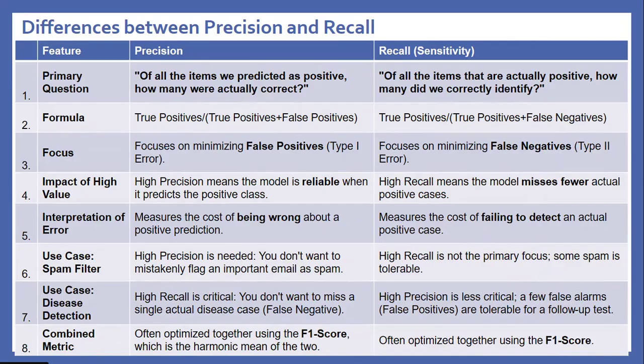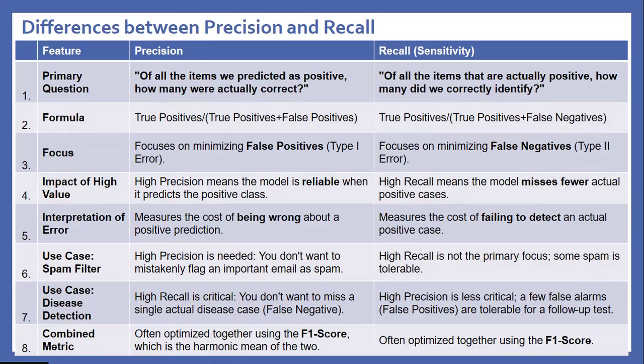Formula: precision is true positive divided by true positive plus false positive. Recall is true positive divided by true positive plus false negative. Focus: precision focuses on minimizing false positives, type 1 error. Recall focuses on minimizing false negatives, type 2 error.